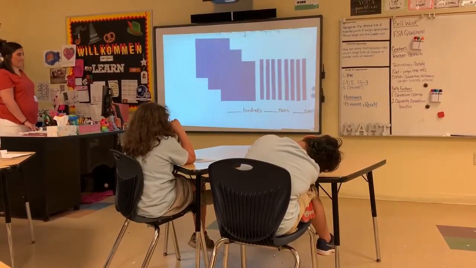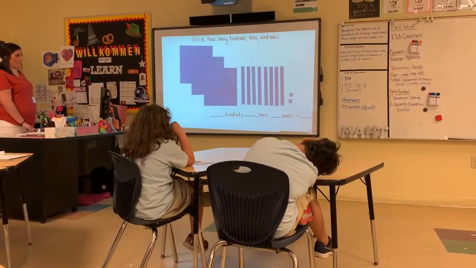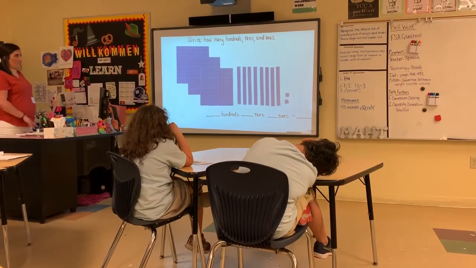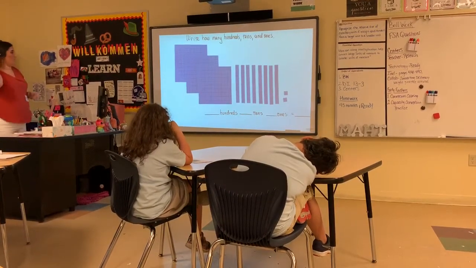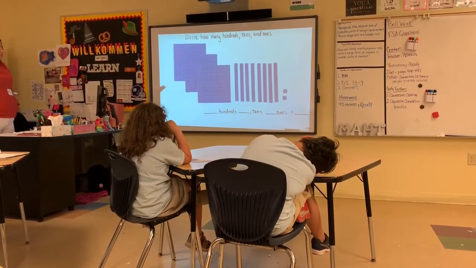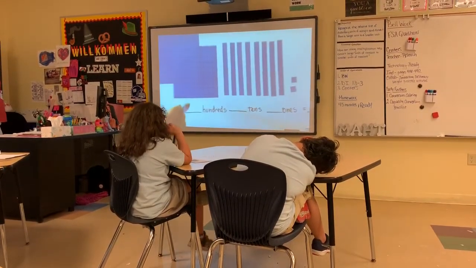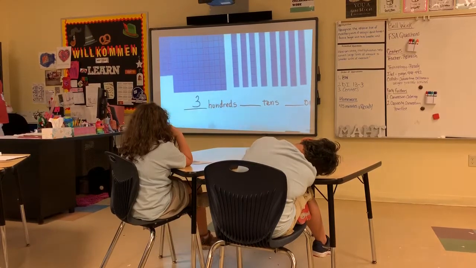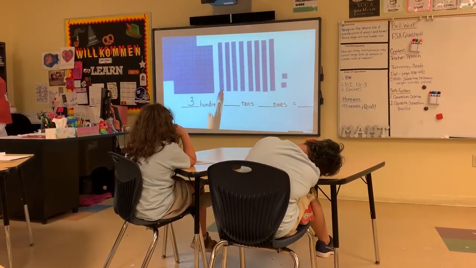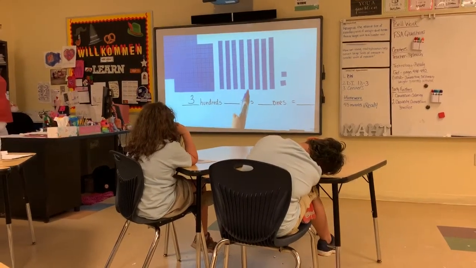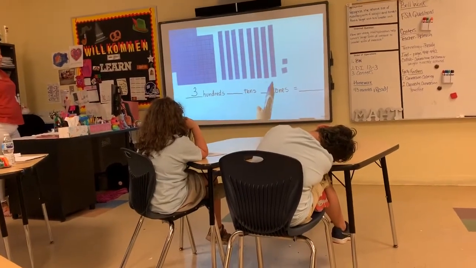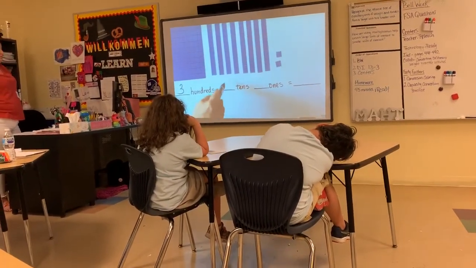Let's take a look at this one. We can write how many hundreds, tens, and ones we see. How many hundreds are there? We can count them. 100, 200, 300. There's 3 hundreds. How many tens? 1, 2, 3, 4, 5, 6, 7, 8 tens.